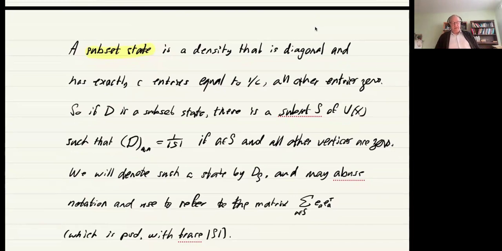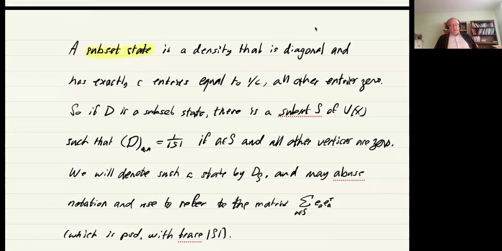Technically, a subset state is a density that's diagonal and has diagonal entries equal to 1 on C and all other entries equal to 0. So you take a diagonal matrix with diagonal entries 1 and 0 and then scale it so the trace is 1. For what we're doing, the trace doesn't play any particular role. So sometimes I'll be lazy and just take a 0, 1 diagonal matrix and refer to that as a state, which it isn't because the trace is not equal to 1, but you can always fix it. So that's not a big problem.